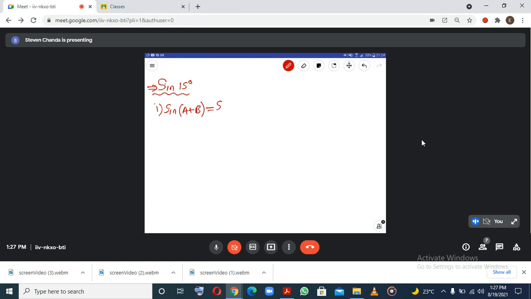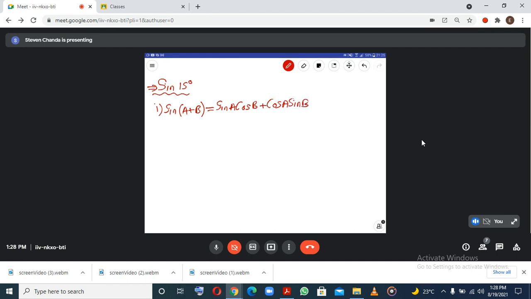You have to know these identities. Sorry, it should be sine A cos B plus cos A sine B.